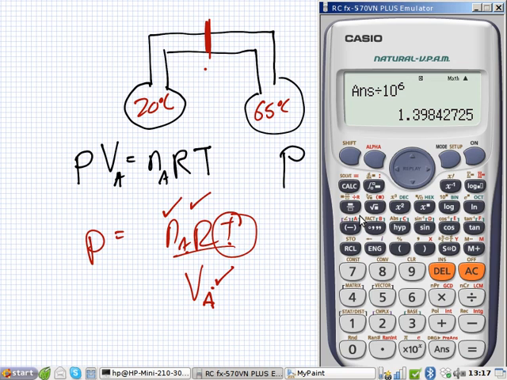I feel like that's the answer, Musharif. That the question meant to say, what is the pressure immediately after opening the clamp, before it has time for the temperature to equalize?